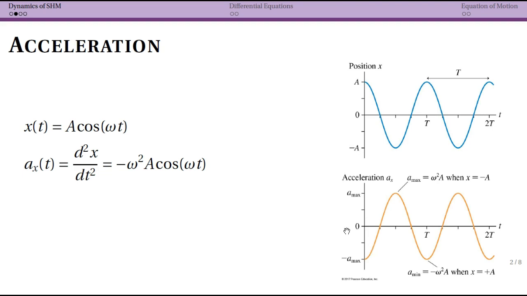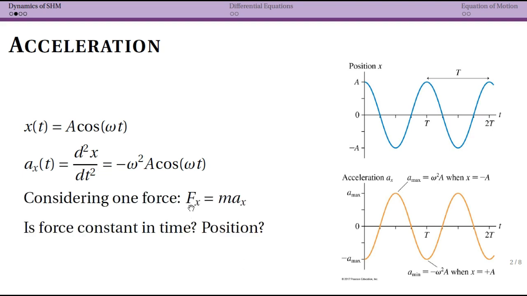So another way to think about this, and this is going to make sense if you think back to force, is that forces are, of course, mass times acceleration. So if we think about this as a block on a spring, would force be constant in time? No, our object is not actually staying in place. It's moving. And is force constant in position?